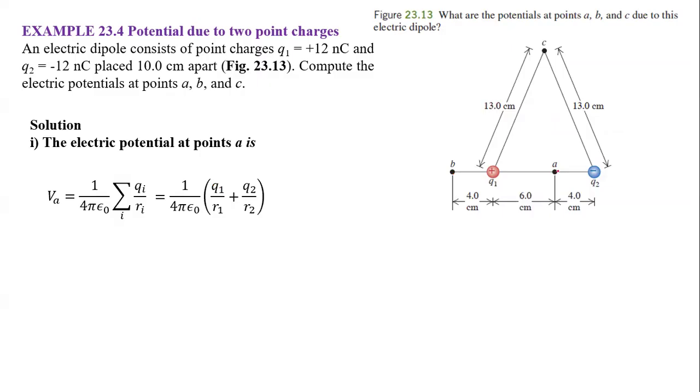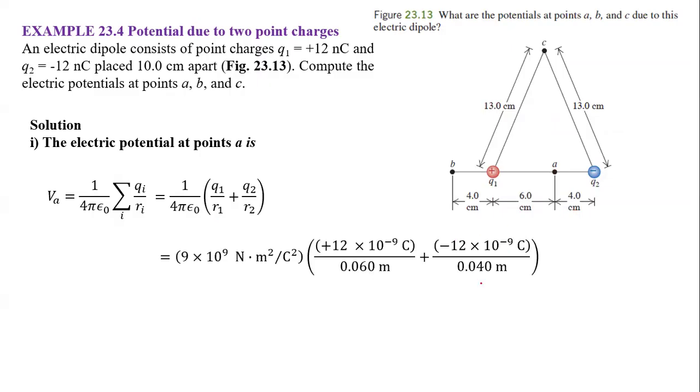So first, let's find the potential at point A. At point A, R1 is 0.60 meters or 60 centimeters, and R2 is 0.40 meters. The value of charge in nanocoulomb means times 10 to the negative 9.